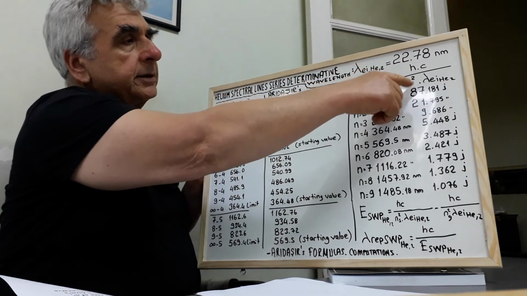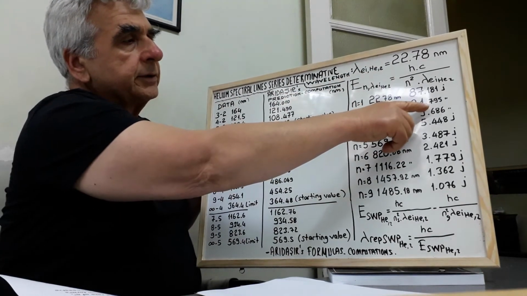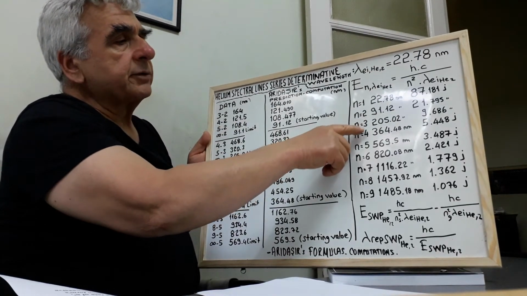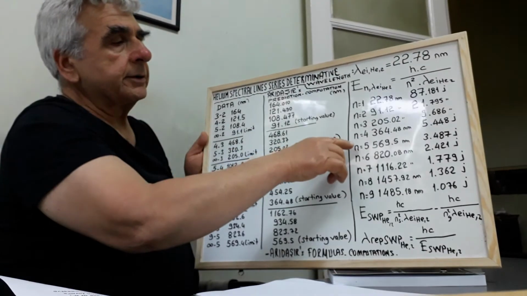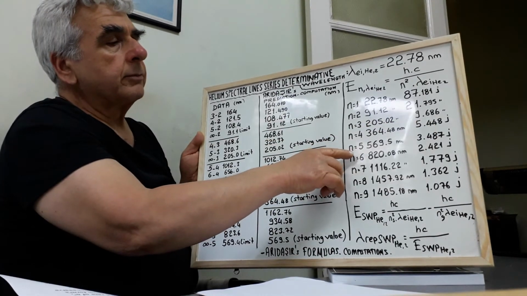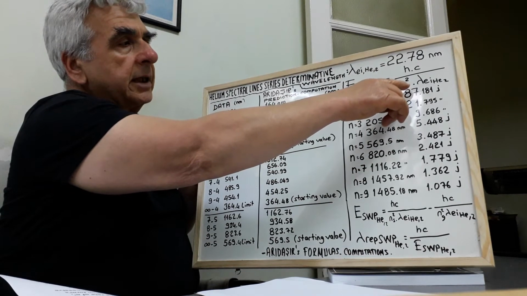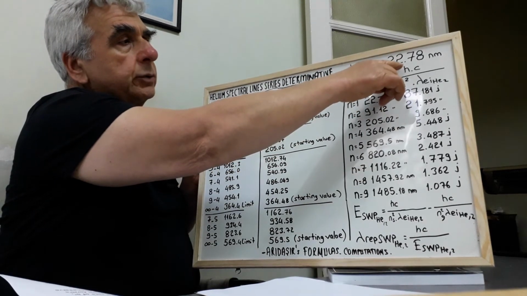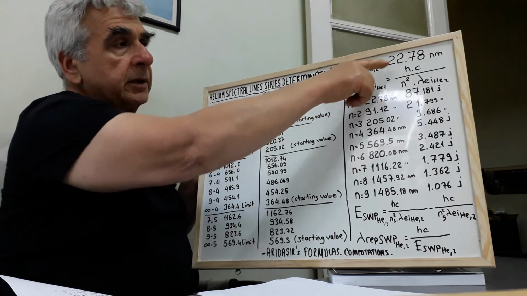Okay, this is my formula, n squared. Then this is energy, n equal 3 here, n equal to 4 like this, n equal to 5, its wavelength, n squared times 22.78 nanometer according to my formula.